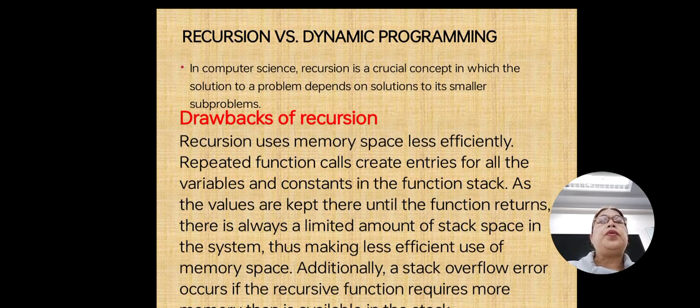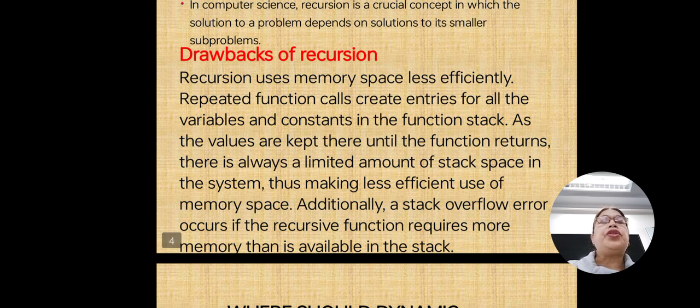In computer science, recursion is a crucial concept in which the solution to a problem depends on the solution to each of its smaller sub-problems. So, drawbacks of recursion. Recursion uses memory space less efficiently. Repeated function calls create entries for all the variables and constants in the function stack.